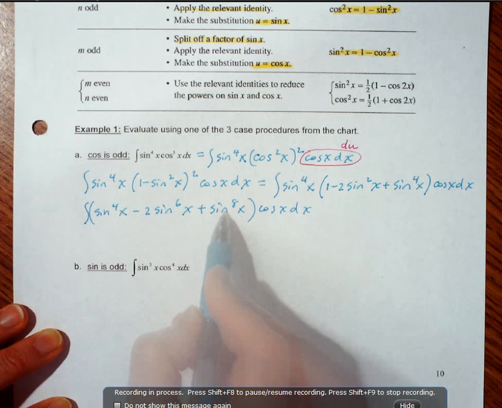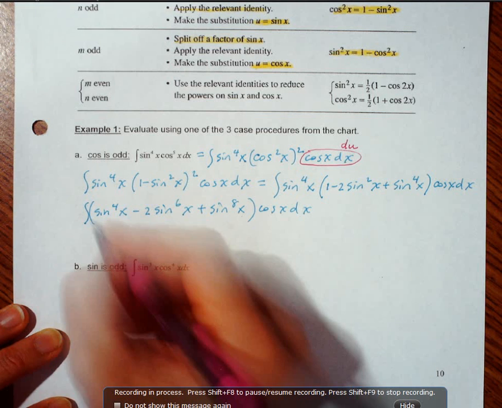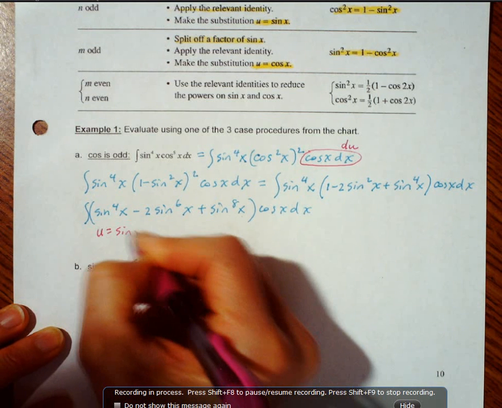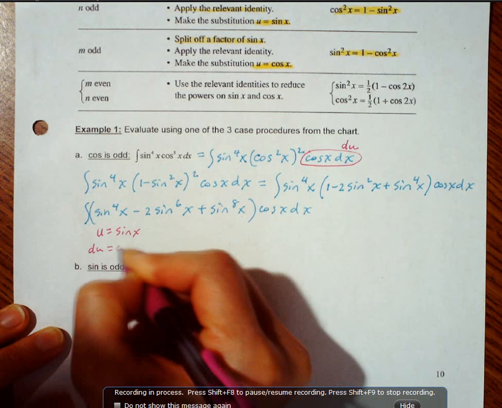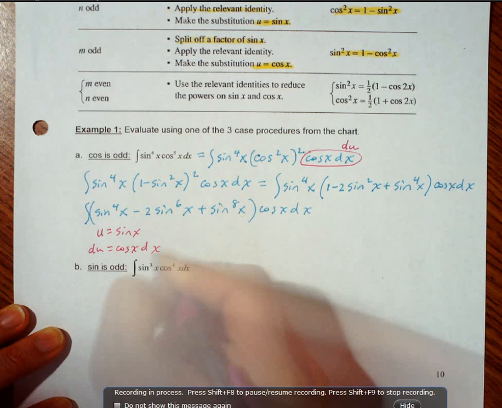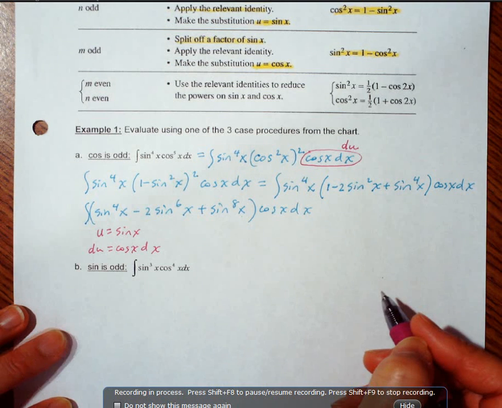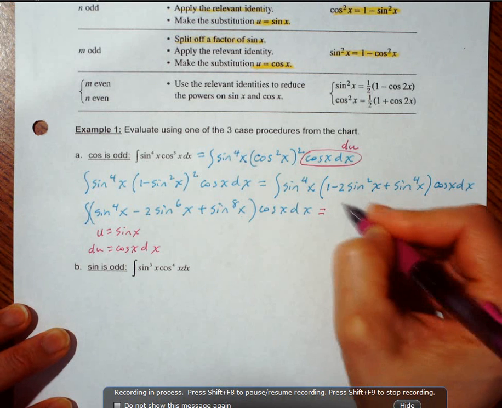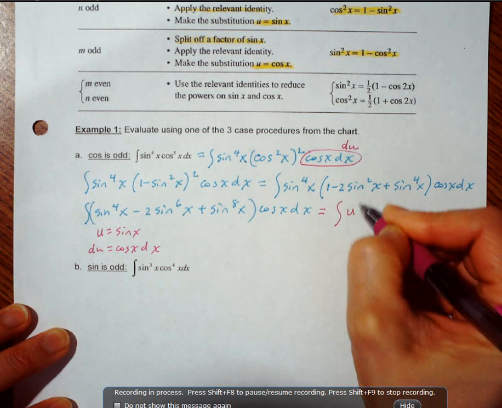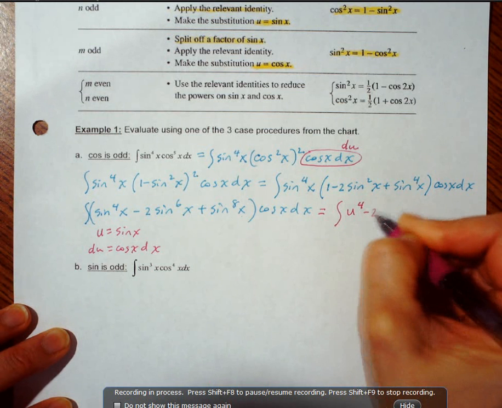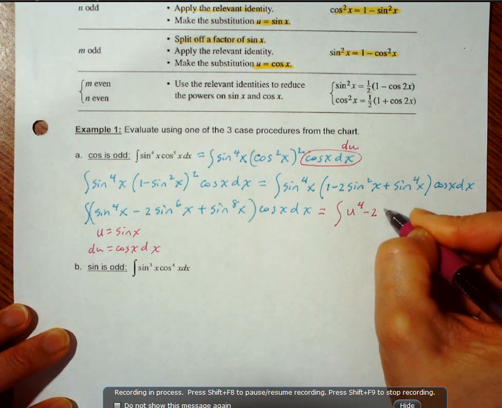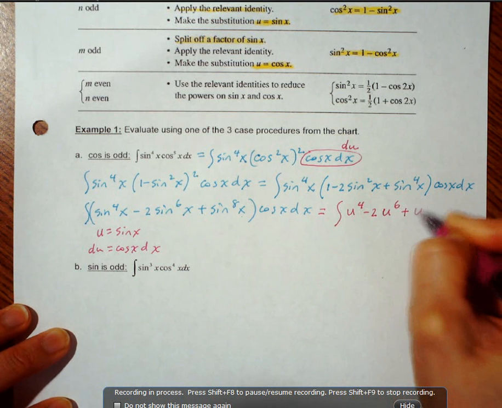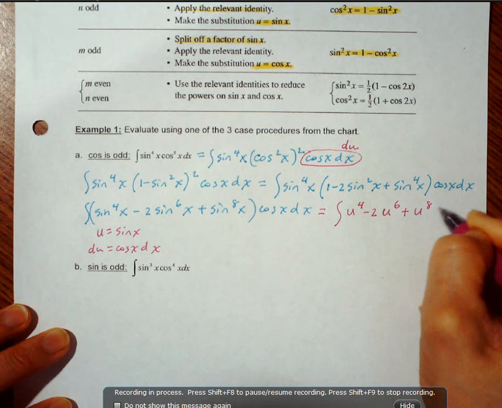Since I have everything with the power of sine here, I can do a u sub. My u is equal to sine of x, so du is equal to cosine of x dx. Now when I make the substitution, I end up with the integral of u to the fourth minus 2 u to the sixth plus u to the eighth du.